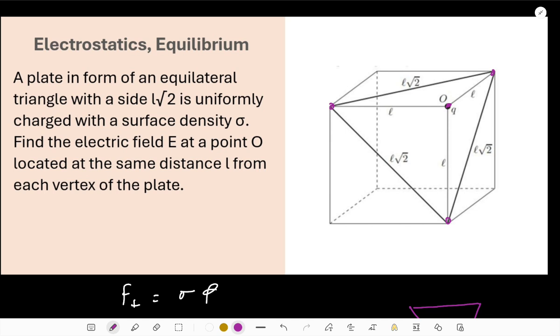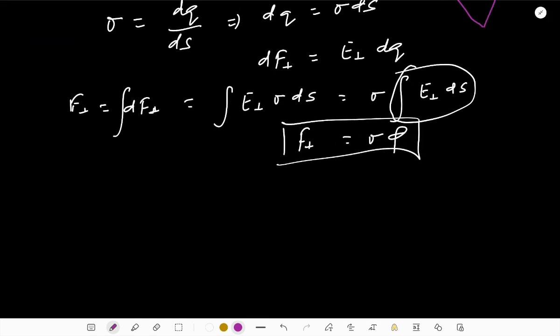Well, normal to the triangular plate, and so you can see here that F is basically the F perpendicular we are looking for.